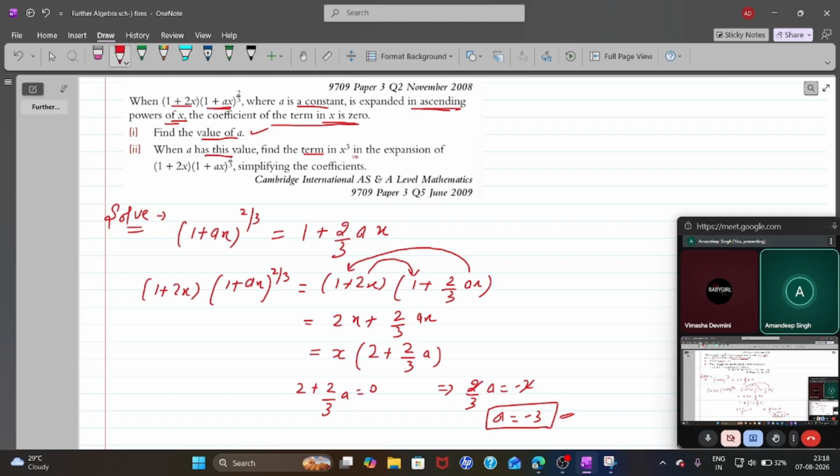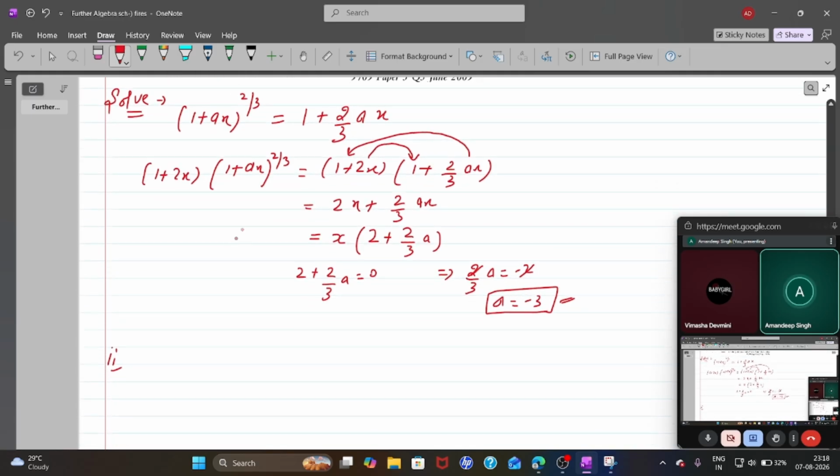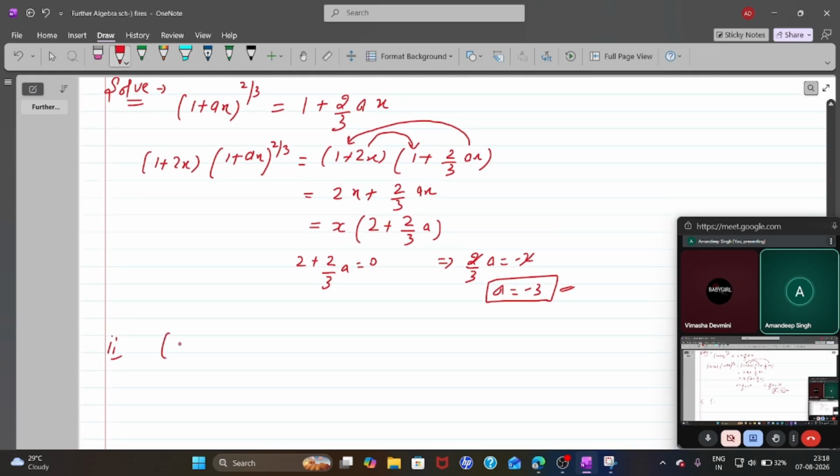Now in the second part, when a has this value, we have to find the term in x cube in the same expansion. So 1 minus 3x to the power 2 by 3 we have to expand.